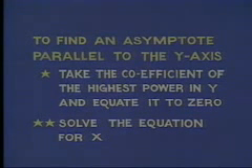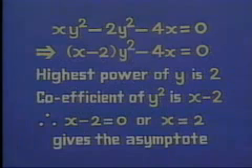Similarly, to find the asymptotes parallel to the y-axis, we take the coefficient of the highest power in y and equate it to 0, and then solve this equation for x. For example, take the equation to the curve xy square minus 2y square minus 4x is equal to 0.